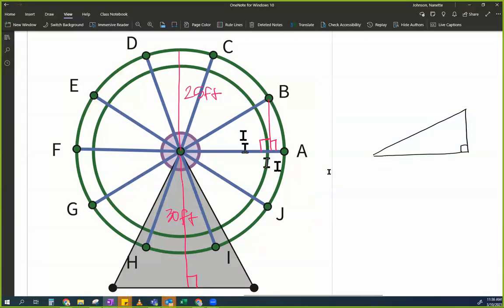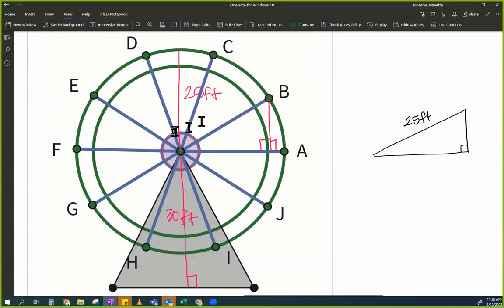What do you know about this triangle? 25 feet would be the hypotenuse. How did you know that this is 25 feet? You're right. Yeah, it's the radius. Very good.